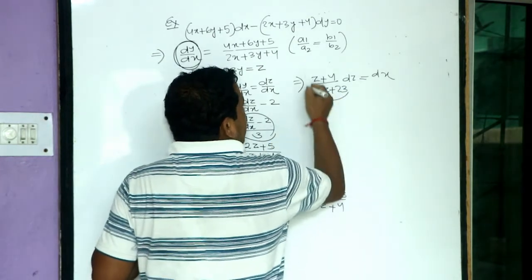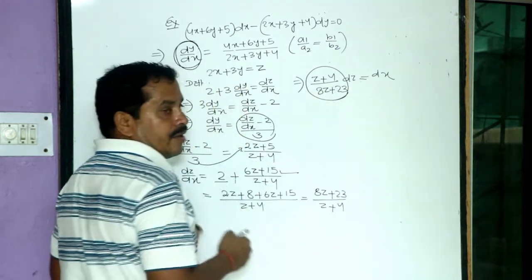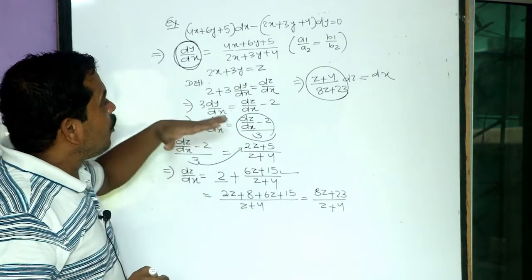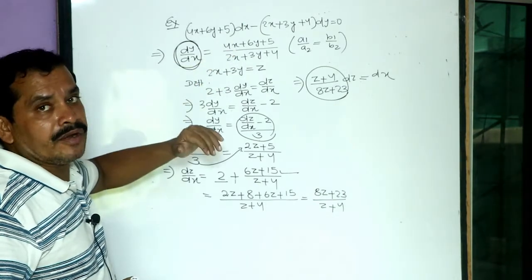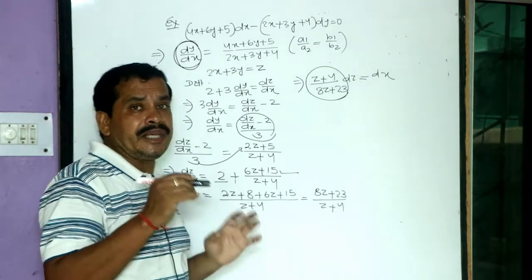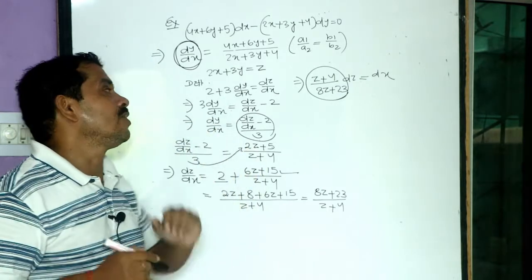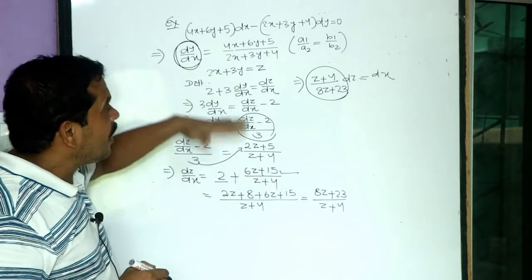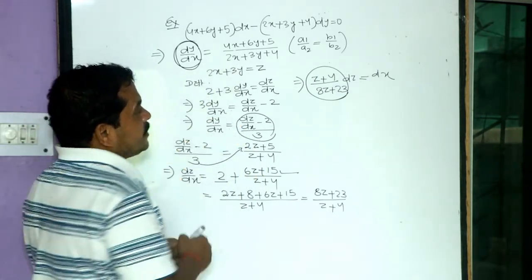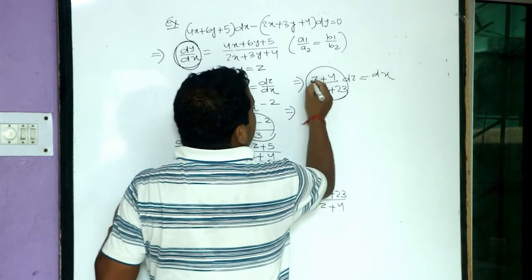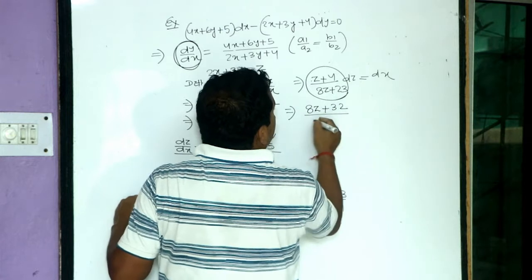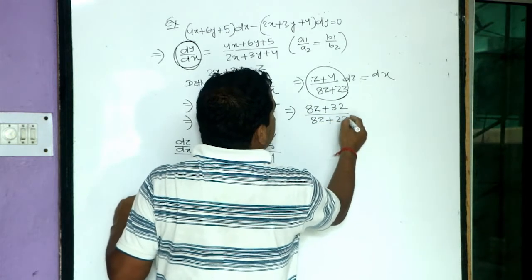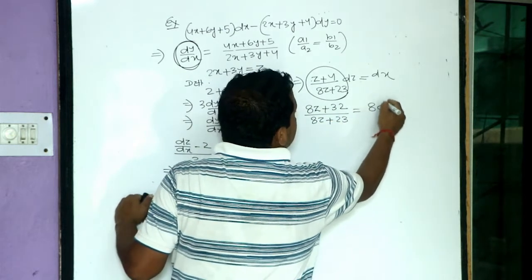This is an improper fraction because the polynomial in the numerator and the polynomial in the denominator are of the same degree. So it is an improper rational function. We have to equalize the coefficients. Then you multiply 8 here. It will be (8z + 32)/(8z + 23) dz equals 8 dx.